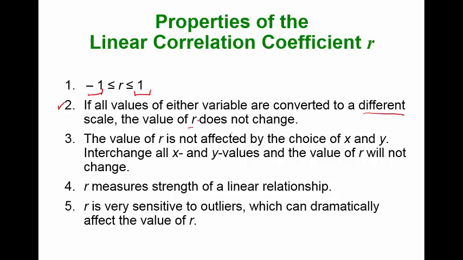So imagine all those numbers changing according to a change in units, you're still going to have the same correlation coefficient r. The correlation coefficient measures the linear relationship, and it is fairly sensitive to outliers.